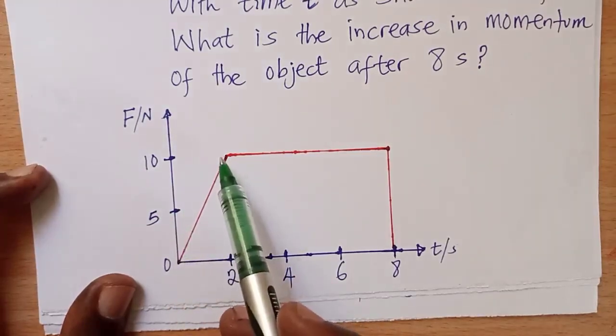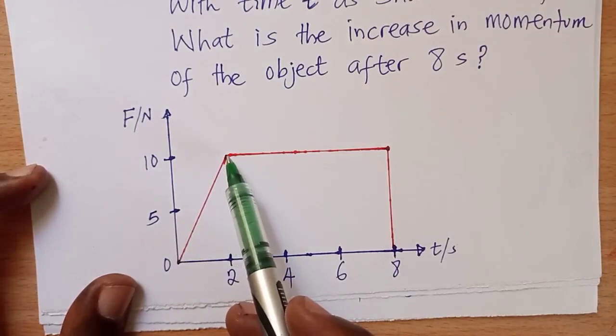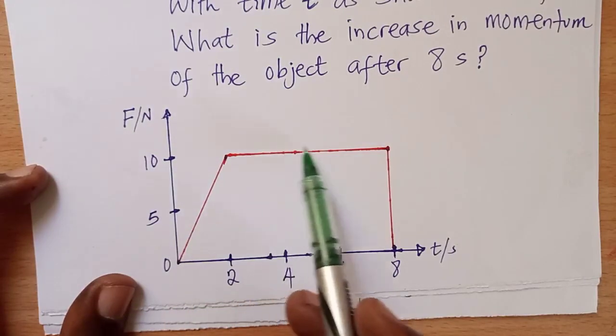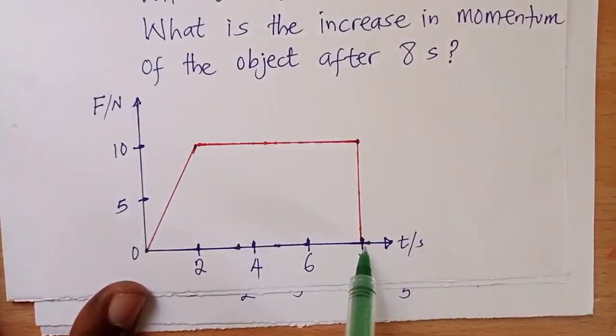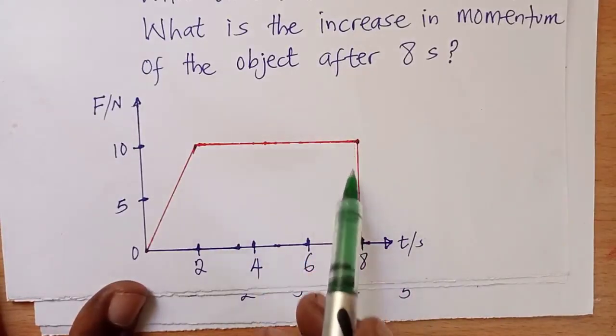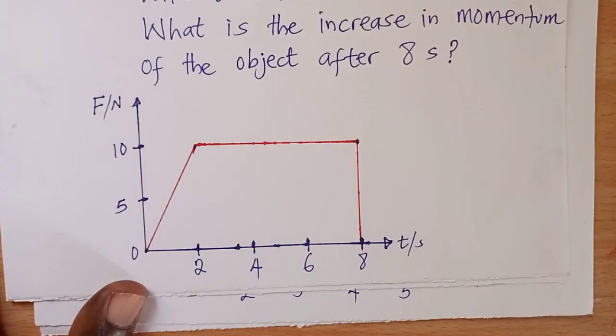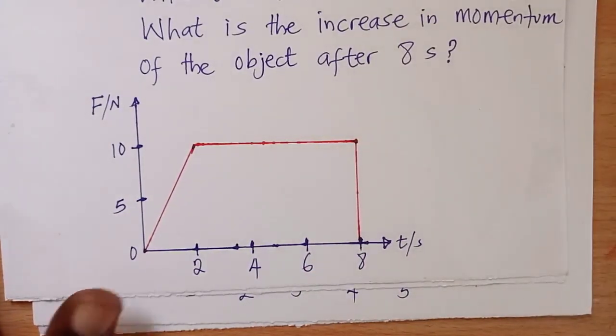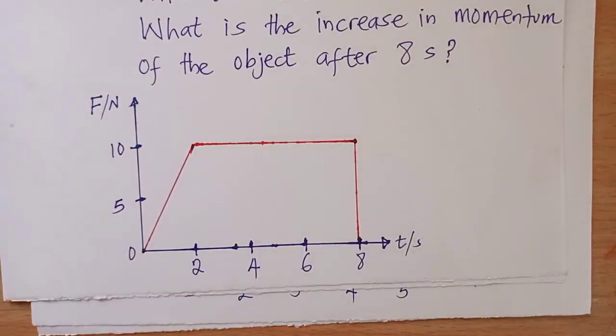Then it remains constant at 10 Newton until 8 seconds. Then after 8 seconds, it suddenly drops to 0. That's the meaning of the graph. This means that the force acts on the object only for 8 seconds.